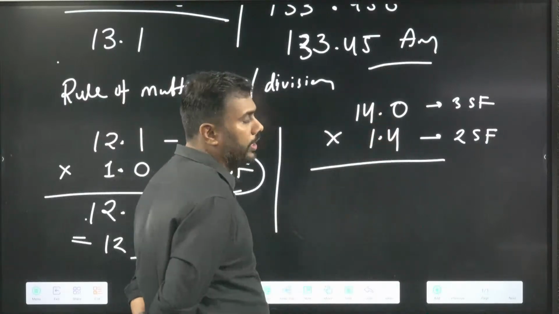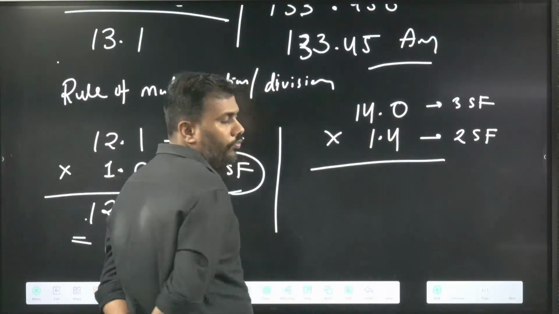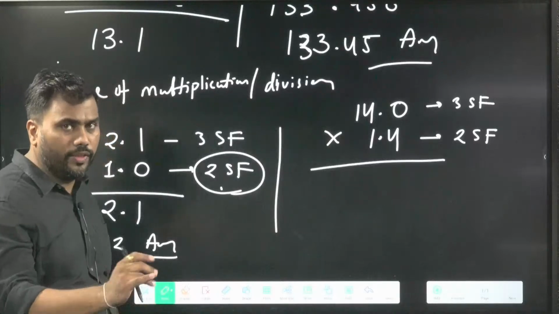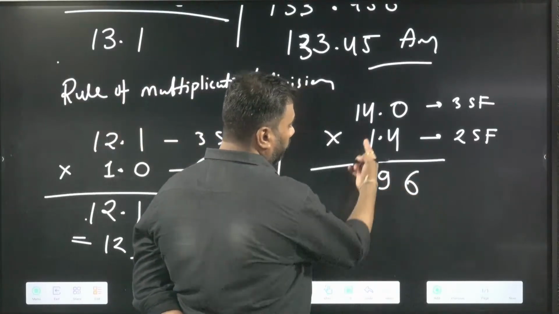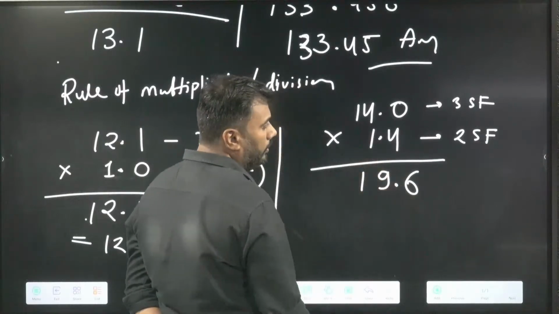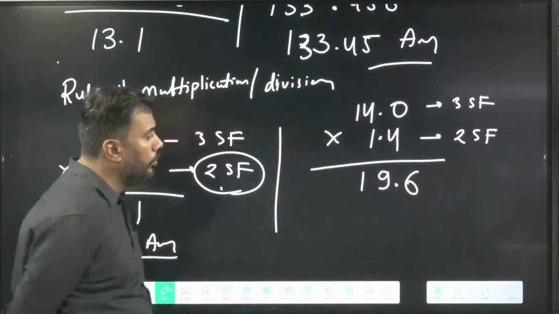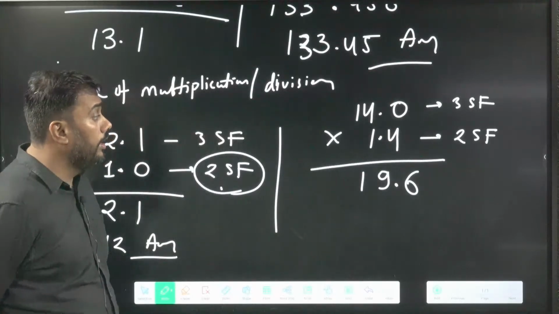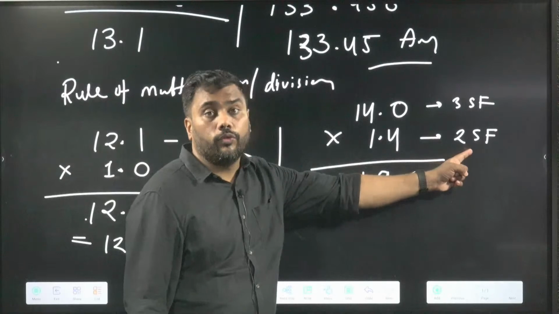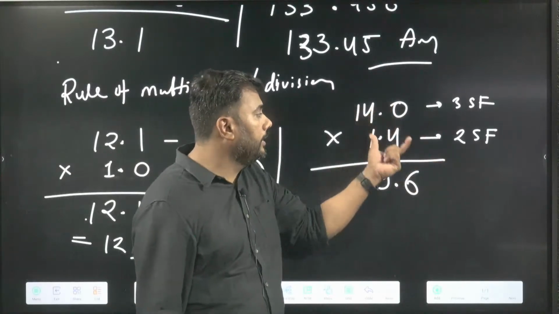Multiply 14.0 into 1.4. 14 into 14 is 196. But I should put a point here. So 19.6.